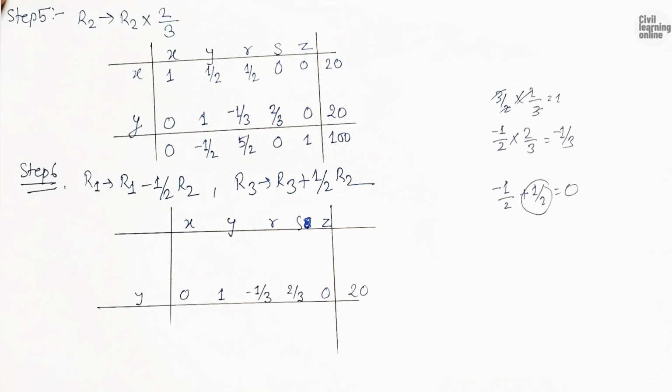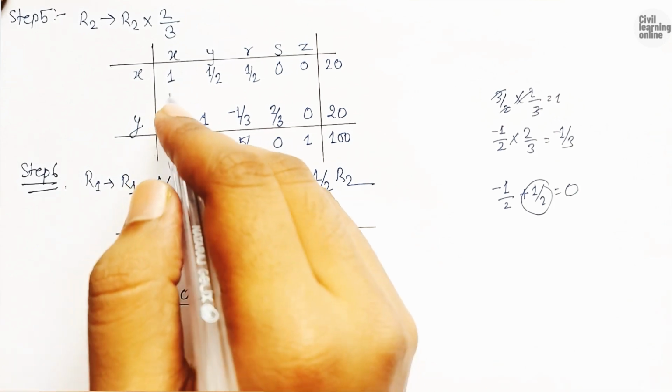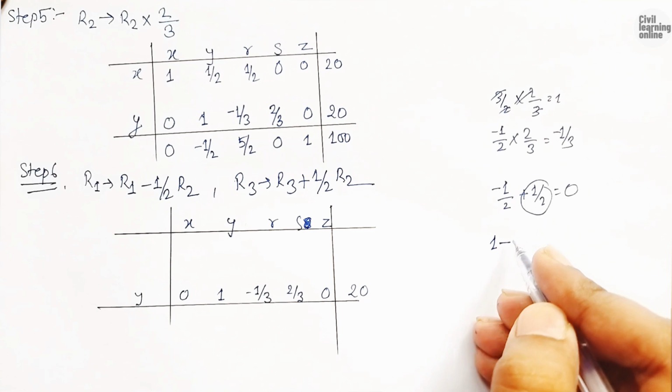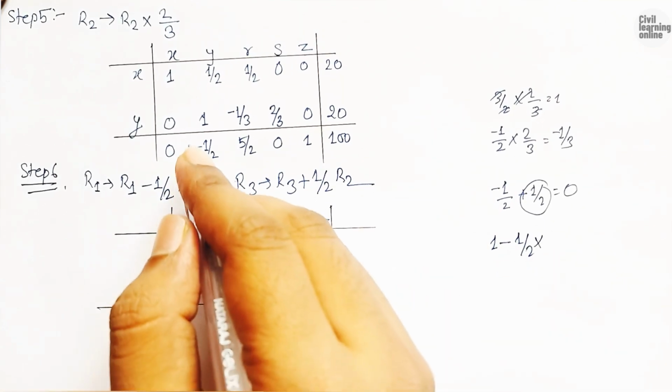Now we are doing the operation on R1, so R1 is R1 minus 1 by 2 into R2.